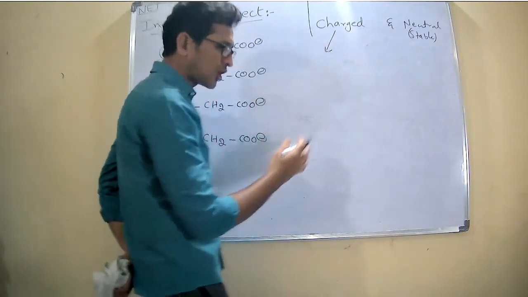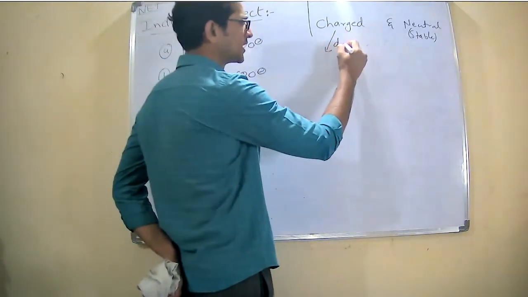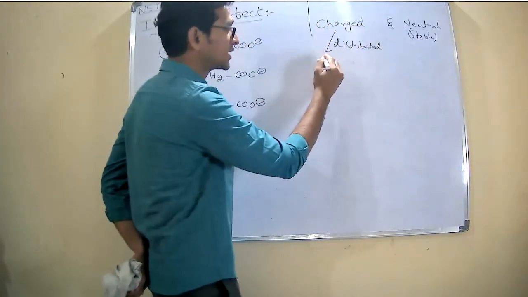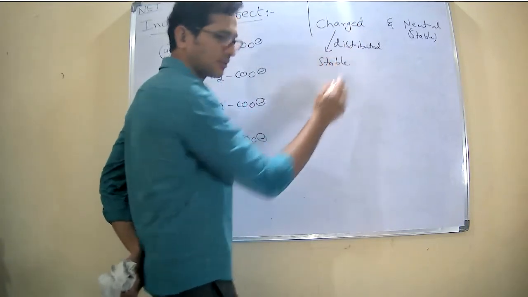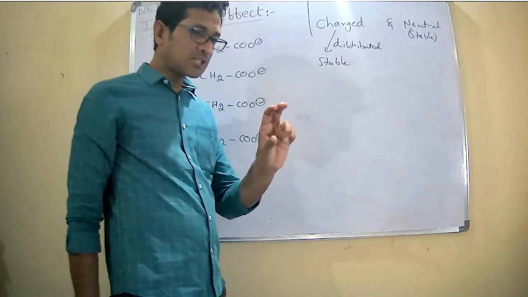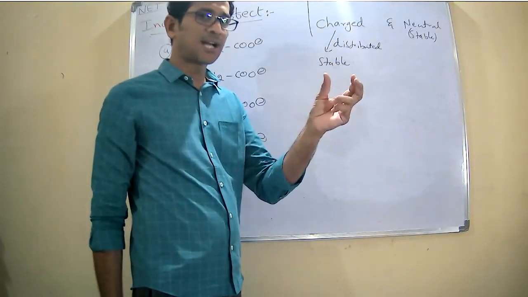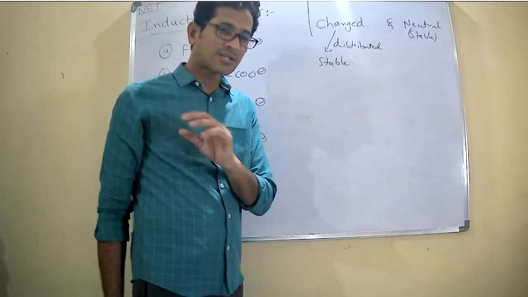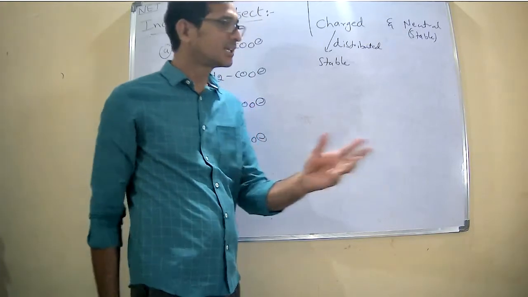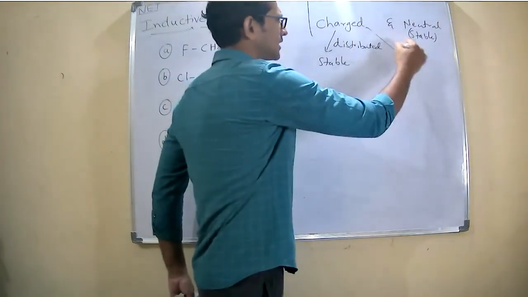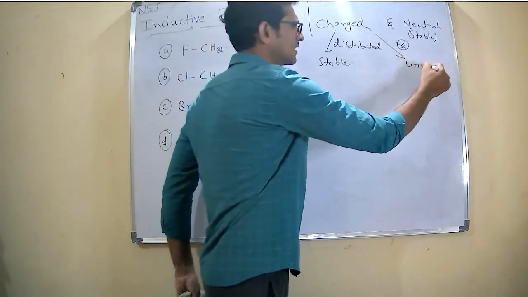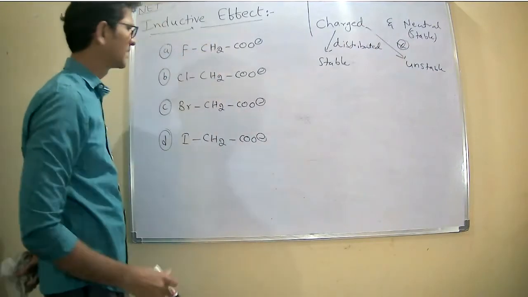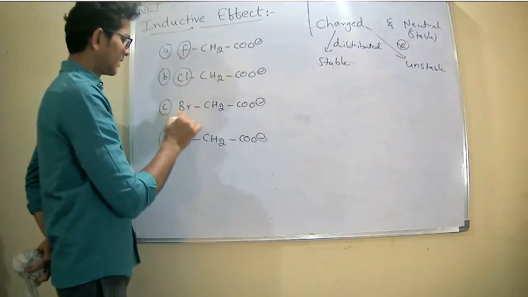If the charge is distributed, then that particular charged molecule is said to be stable, because a charged molecule involved in electron distribution will automatically either donate or accept electrons, and it slowly turns to the neutral state, which is a stable state. If there is no distribution, that is an unstable molecule. Coming to this A, B, C, D.